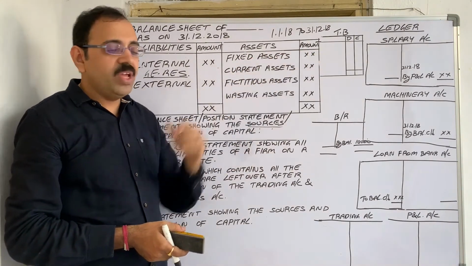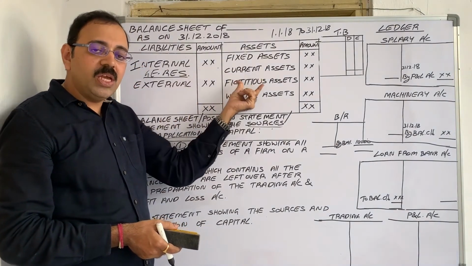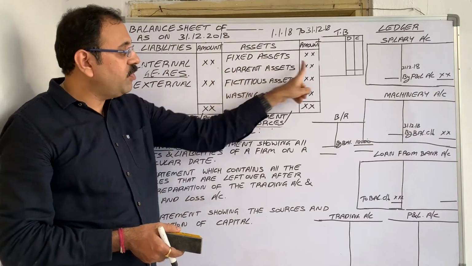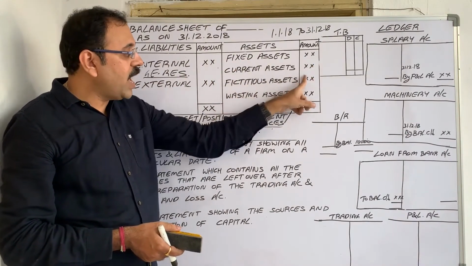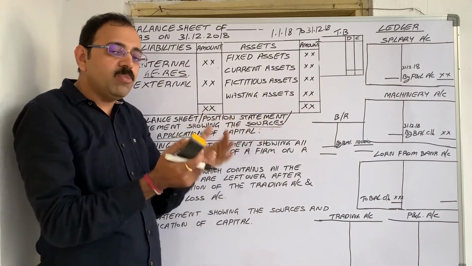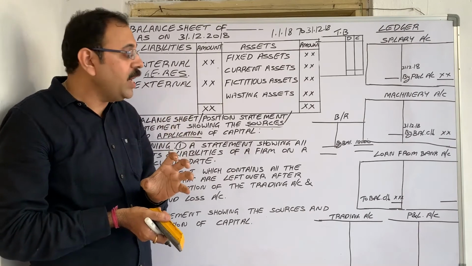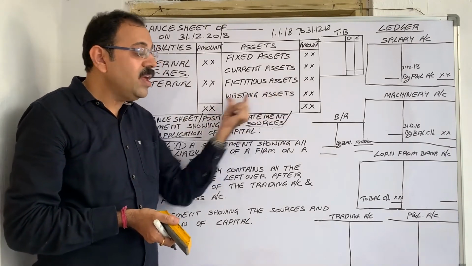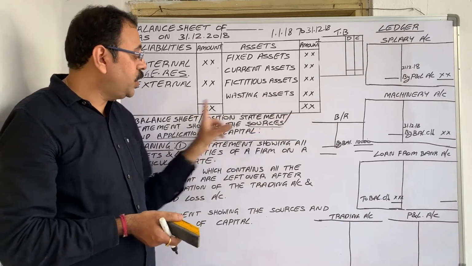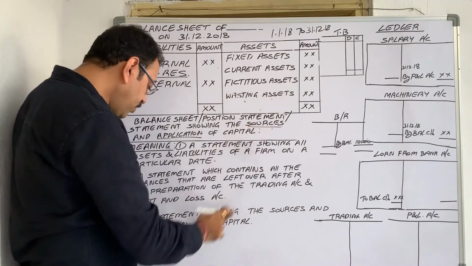Machinery 50,000 we write. With this capital amount, we purchased 10,000 worth of furniture. So furniture we will write here. We purchase land, we purchase building, and finally how much amount is left over with us? That amount will appear in the form of cash in hand, cash at bank. That is why in balance sheet two side totals should be same. Same meaning is given here.